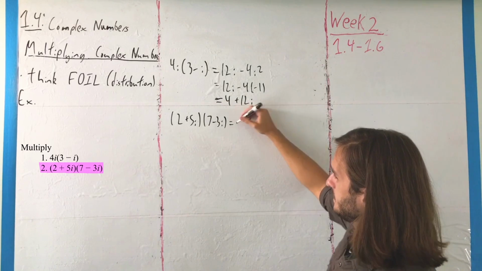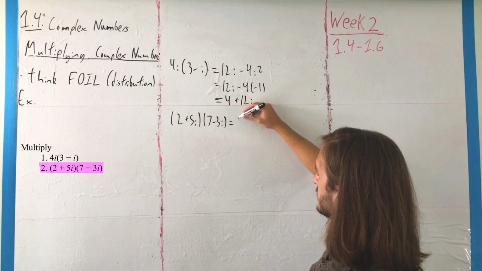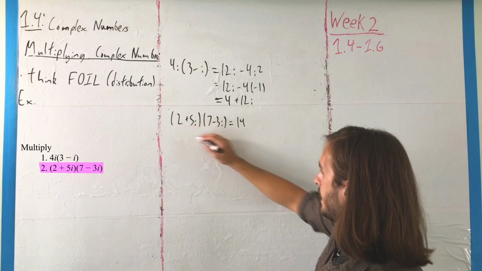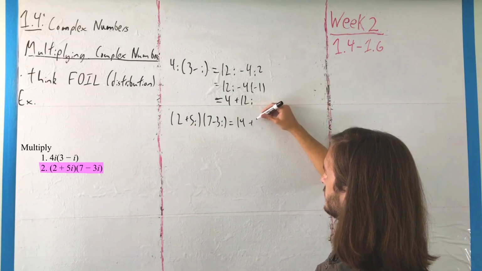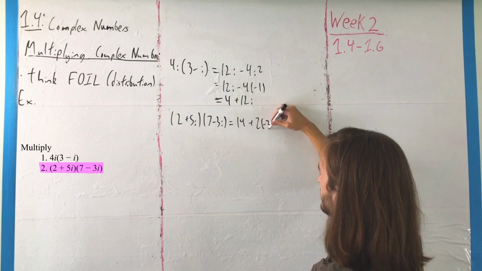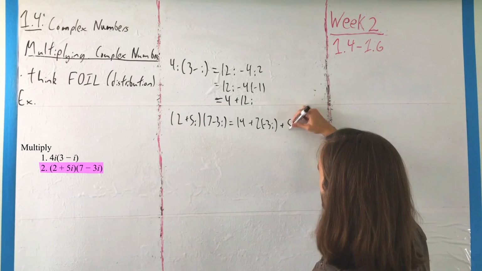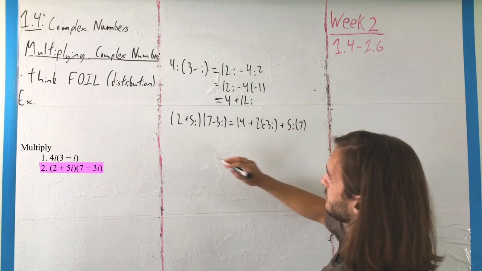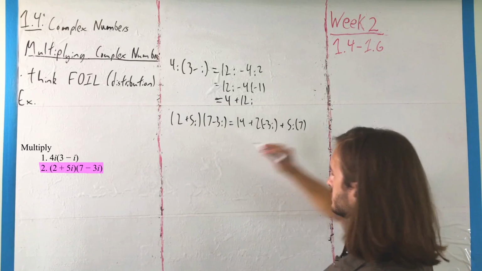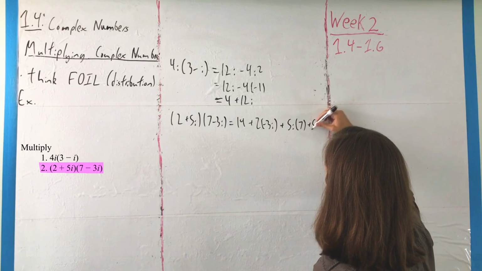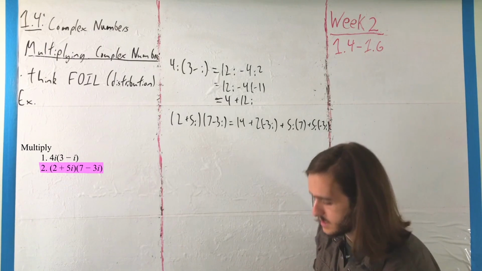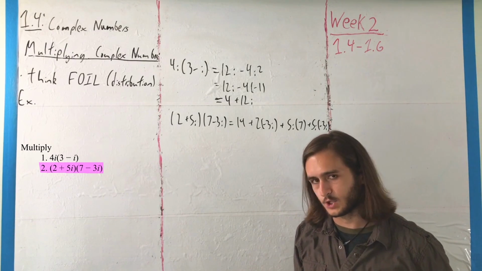And for that, first, 2 times 7 is 14, outer, plus 2 times negative 3i, inner, plus 5i times 7, last, plus 5i times negative 3i. And then from there, it's just a cavalcade of simplification.